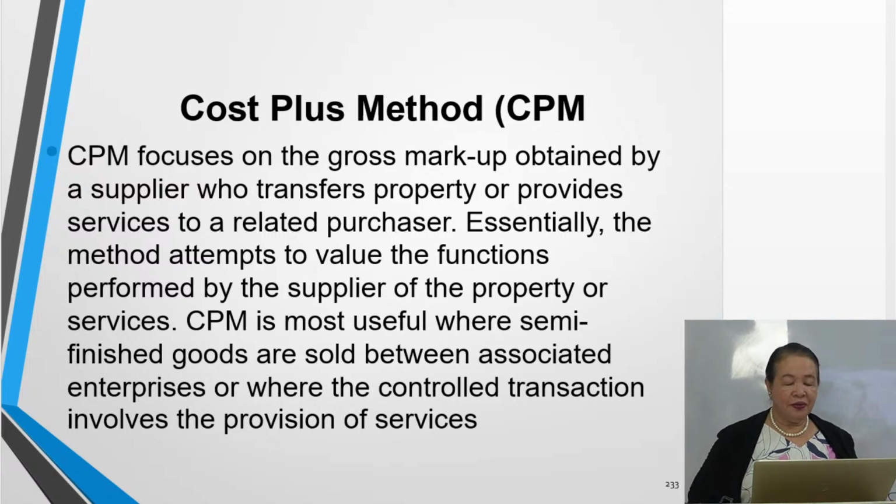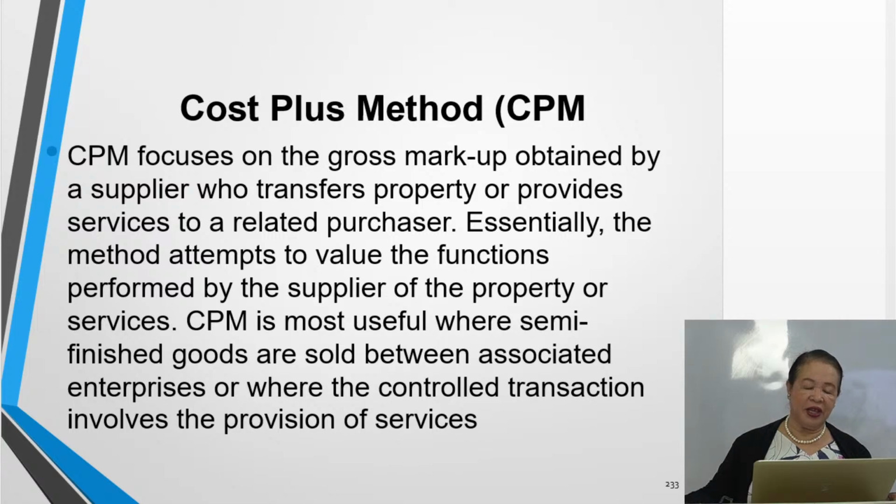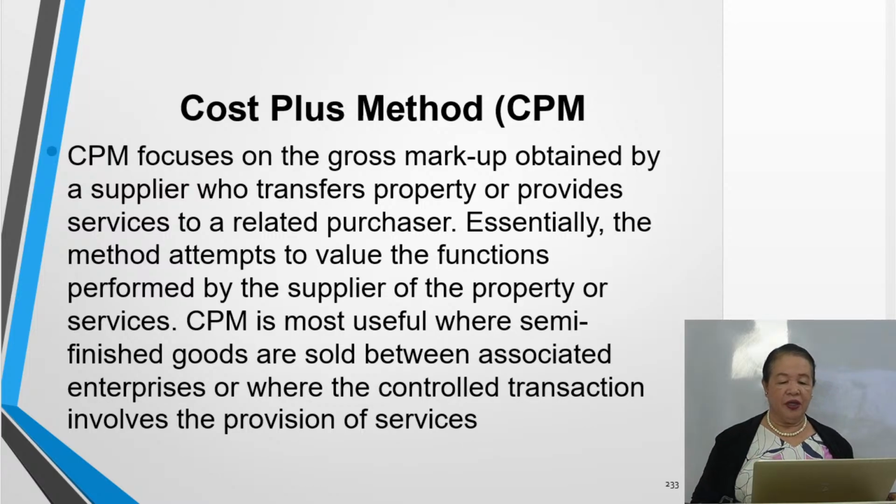So, for the cost plus method, it says here it focuses on the gross markup. So, what is being compared here? The gross markup or the gross profit margin. You compare it with your comparables, obtained by a supplier who transfers property or provides services to a related purchaser. So essentially, the method attempts to value the functions performed by the supplier of the property or services.